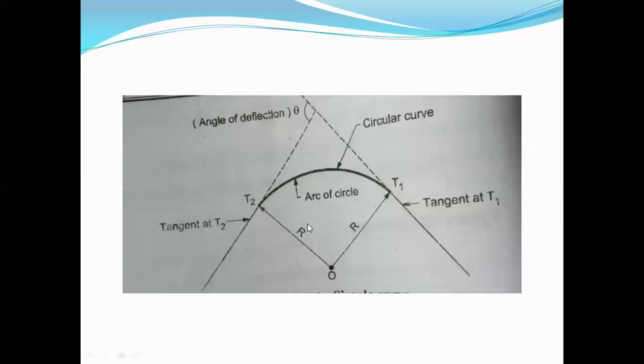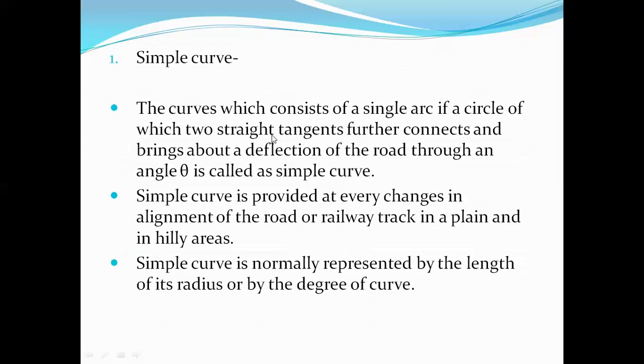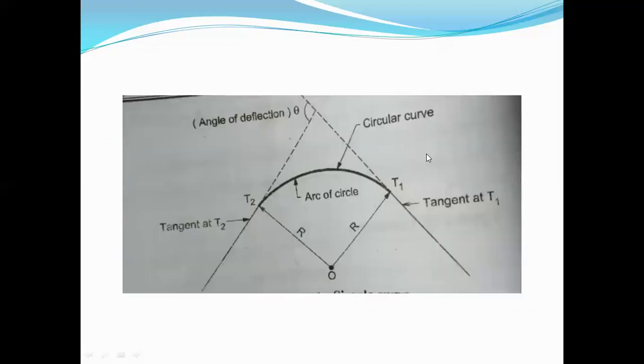This is the diagram of a simple curve. This consists of one single arc. This is the curve of a road which has a single arc and two straight tangents. This is tangent T1 and tangent T2. These two tangents make an angle of deflection, and this angle of deflection is theta.